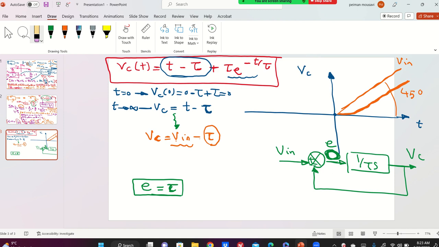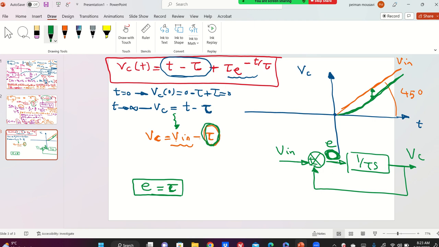Let me change the color. So it's going to be like this. Here we go. And how much is this difference, guys? You tell me. How much is that?